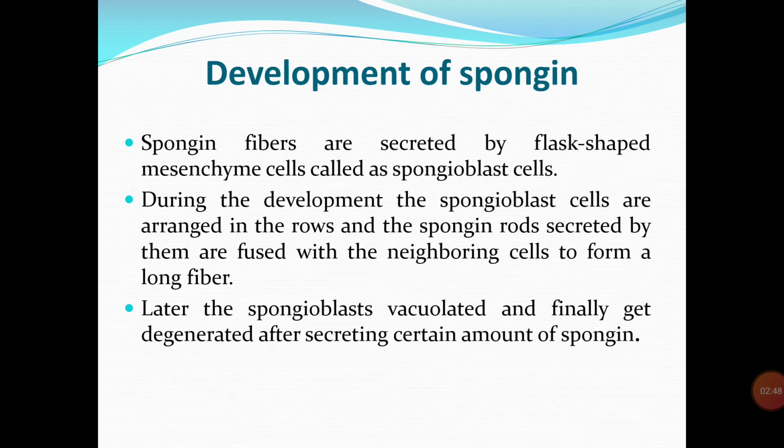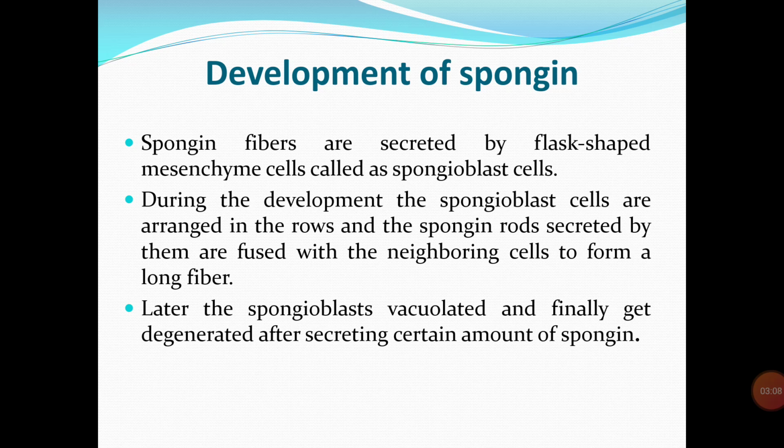The development of spongin: how it develops in the body of a sponge. Actually, spongin fibers are secreted by flask-shaped mesenchyme cells, which are called spongioblast cells.